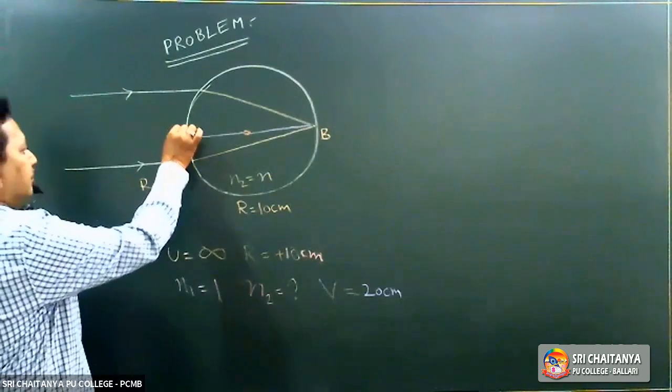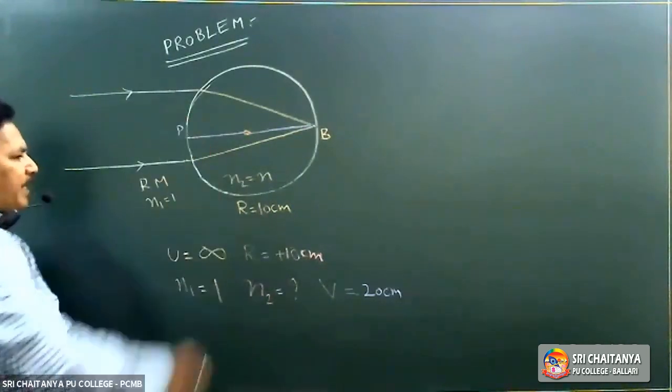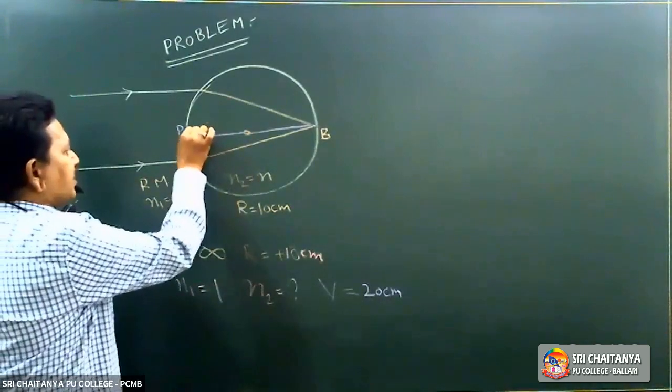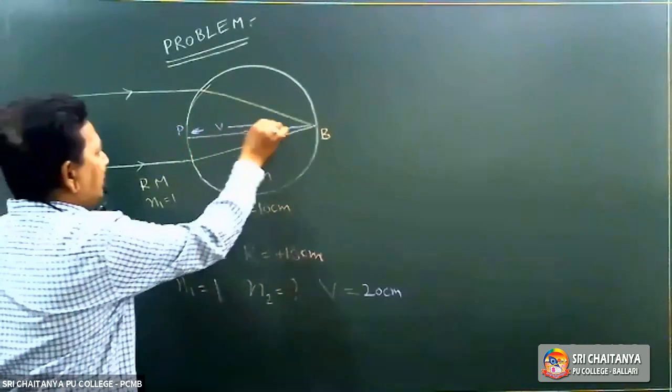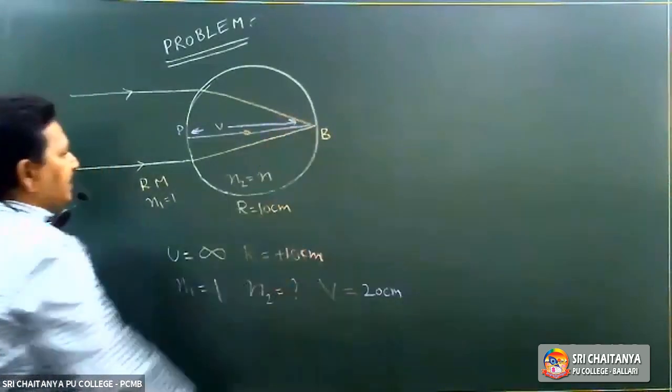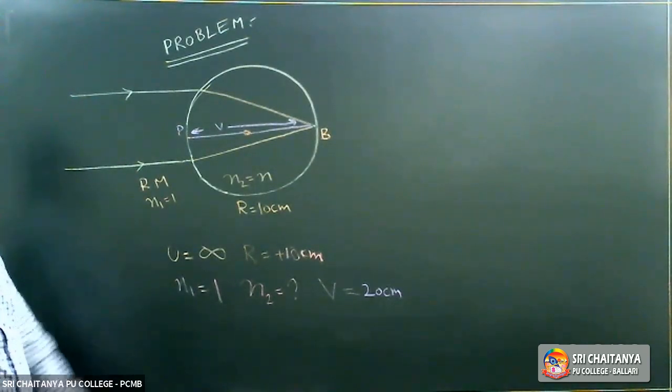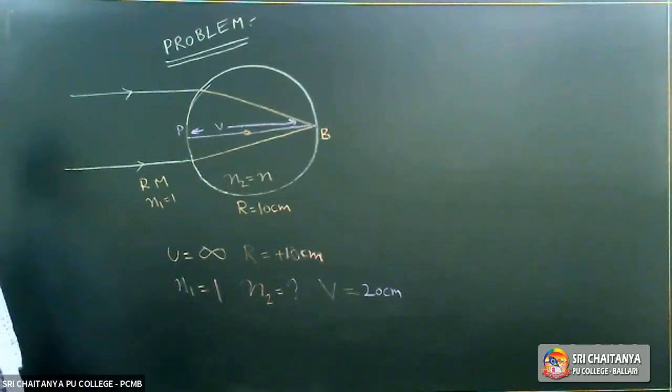This is the pole of the spherical surface. From here to here, the distance is V. U value is infinity. V is nothing but the diameter. Diameter is nothing but 2R. 2R is equal to 20 centimeters.